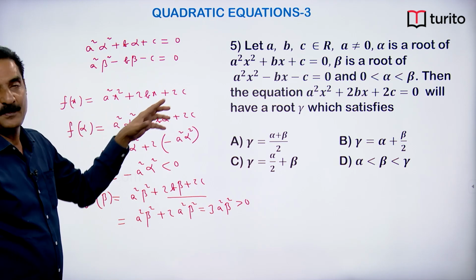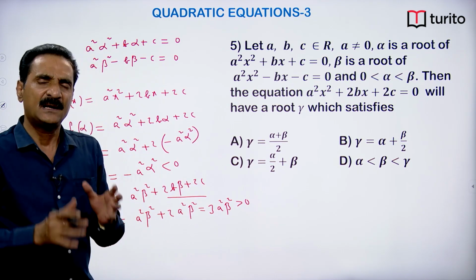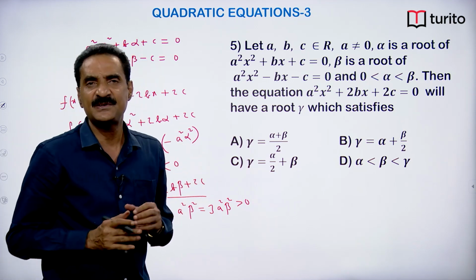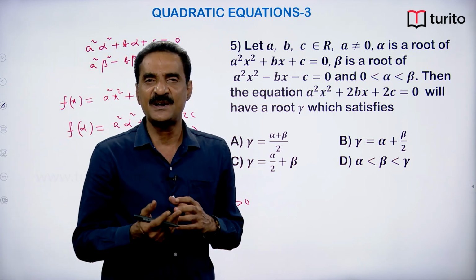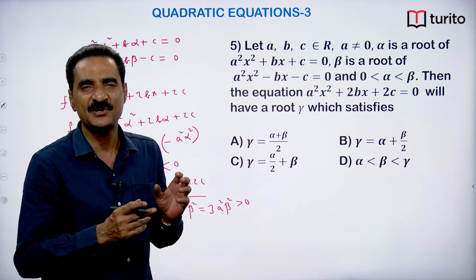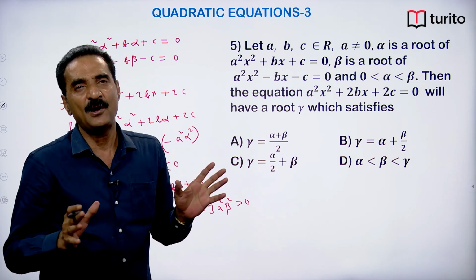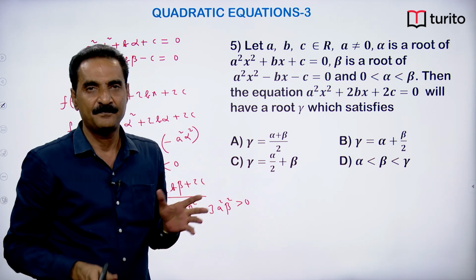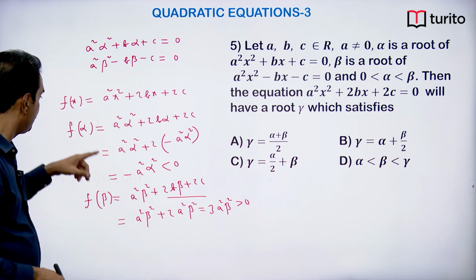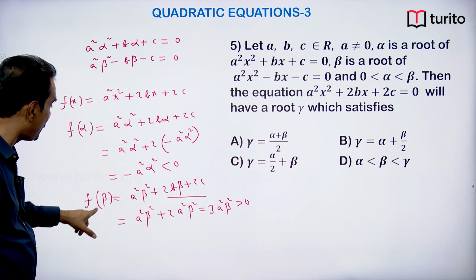And it is a quadratic polynomial, graph is continuous. Remember the general points, you can understand everything about continuity of a function later, but for the time being you remember that every polynomial function is a continuous curve. Now, this is a continuous curve, f of alpha is negative, f of beta is positive.